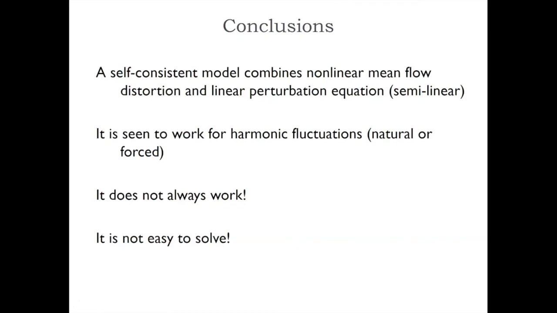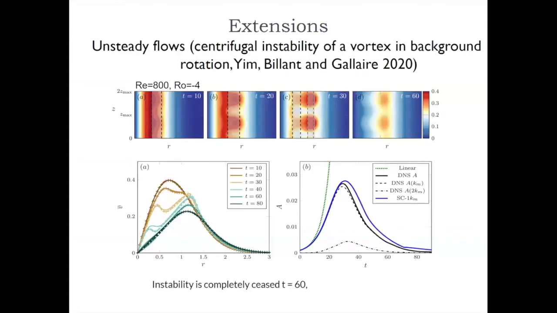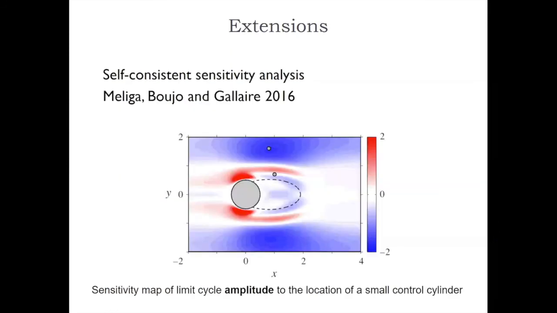Just want to show you extensions, which I will not detail, but you can generalize that similar approach to unsteady flows, which are nominally unsteady. So if your base state, for instance, diffuses, so that's the case here of a vortex which has an intrinsic diffusion of the base state. You can also use it to do some sensitivity predictions. We have a work with Philippe Méliga and Edouard Bougeot on that, where we show that we can do a sensitivity map of the amplitude of the limit cycle using that model.